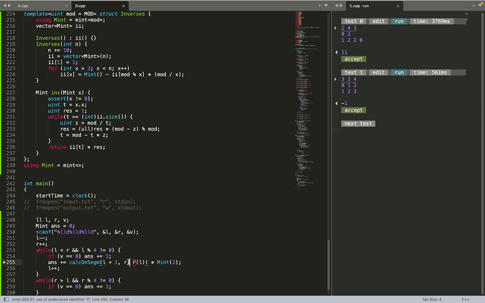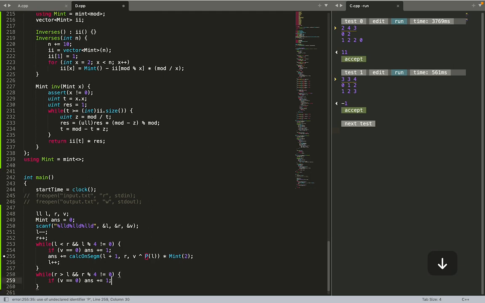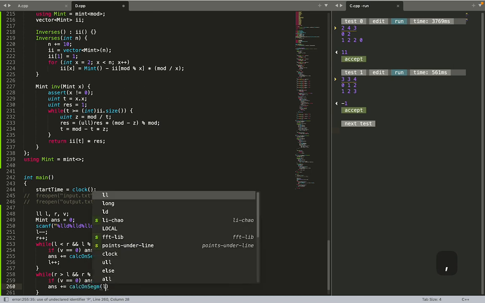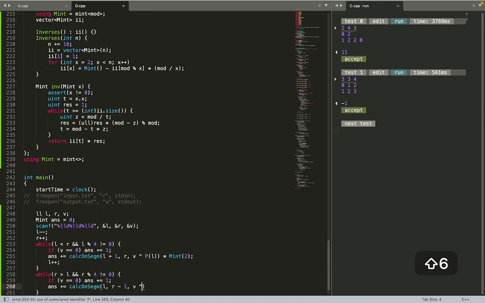You want V XOR this. Multiply by 2 because I calculate each pair of different numbers 2 times.